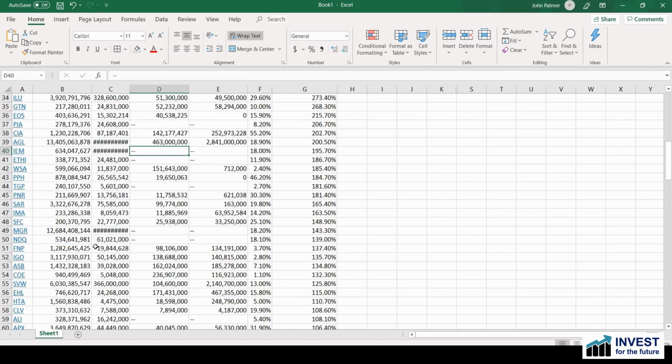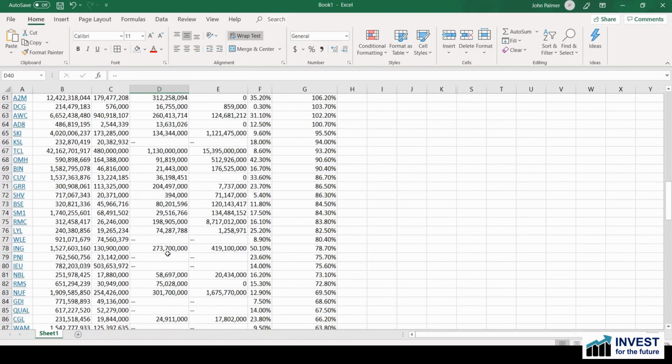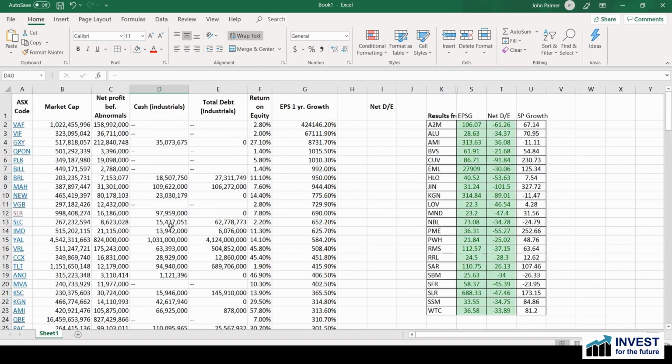The way they account for that is as a sort of a financial company. If we come down here to PNI, Pinnacle Investments, and so on. It doesn't matter anyway. What we're doing is we're looking for a group of stocks, we don't need lots, that are going to hopefully give us some awesome performance.